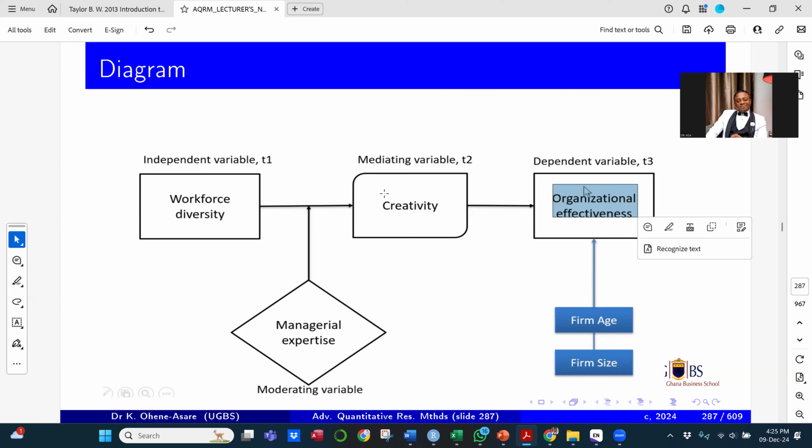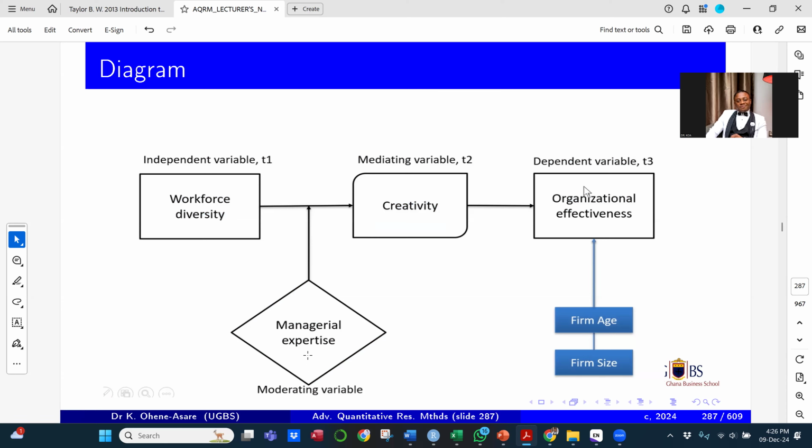Now, you have this value here as a mediating variable, which you can take off. When you take it off, you have no mediating variable, and you can look at the workforce effect on this. But then there is a mediating variable you have not considered, and when you consider that, the impact becomes sensible.